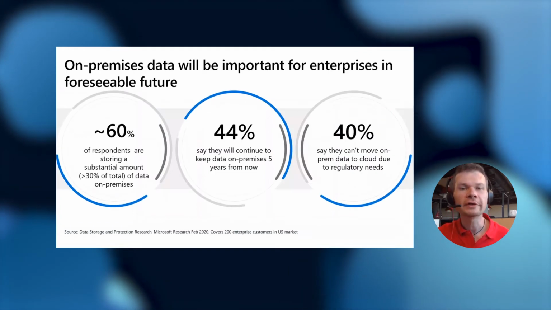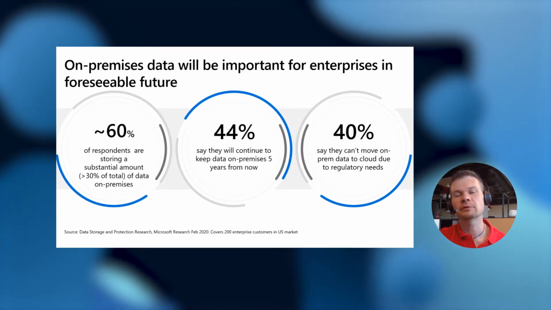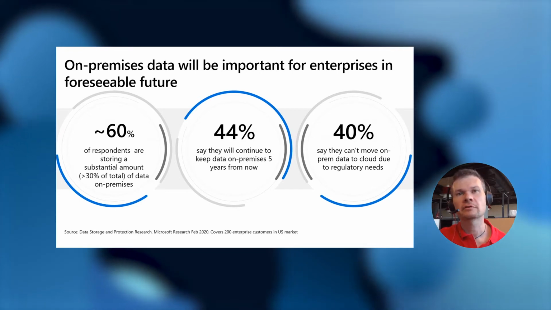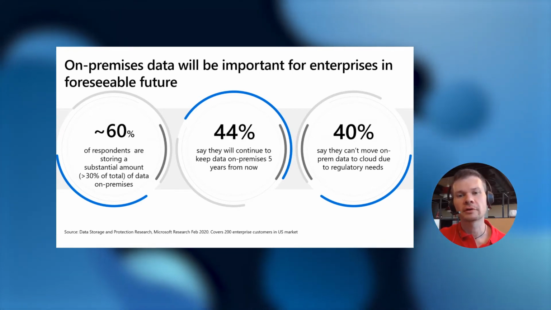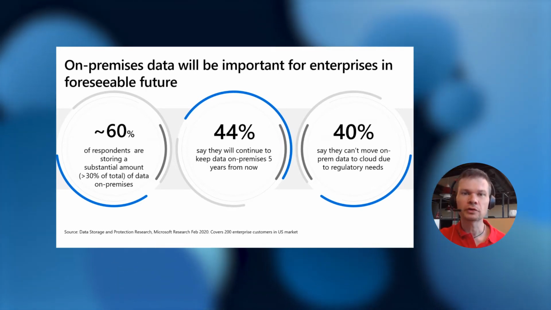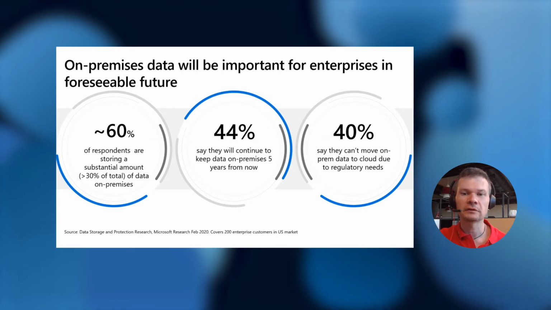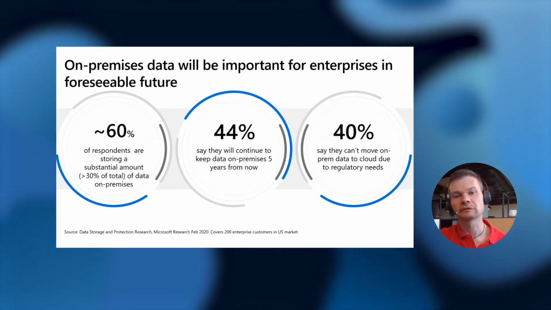So why are we talking about the on-premises world when we are all in the cloud era? In the beginning of this year, we initiated research with 200 enterprise customers to understand their current on-prem versus cloud state and what are their plans for their on-premises data. 60% of organizations told us that they still have a substantial amount of information stored on premises.